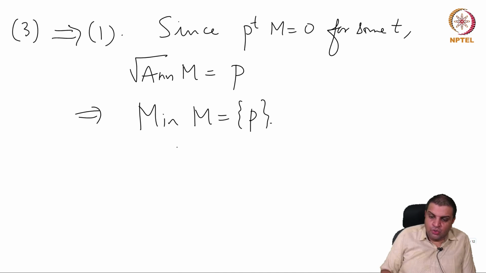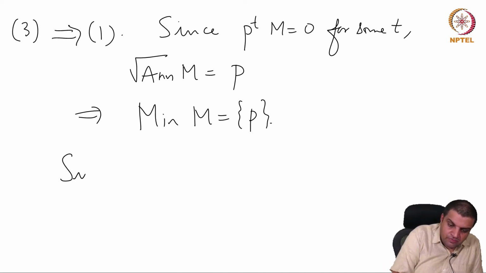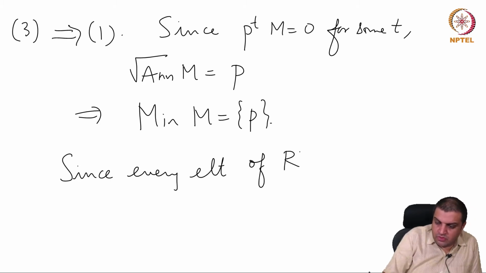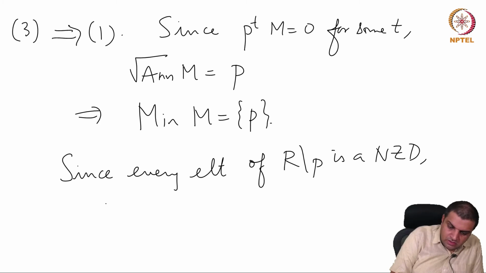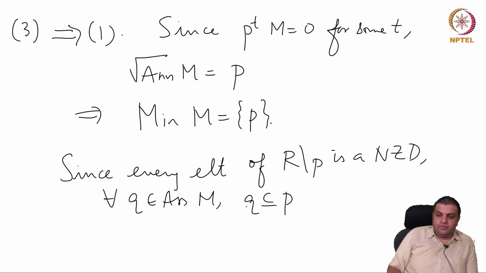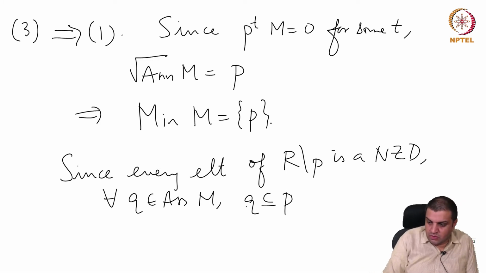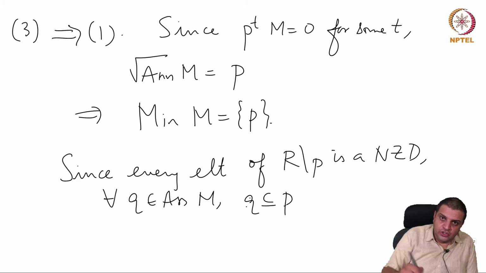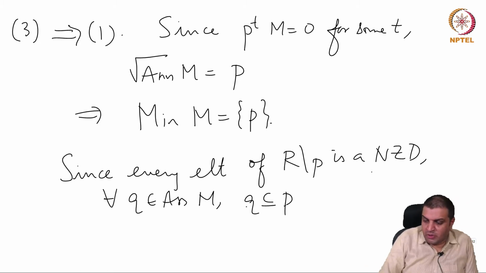Okay, so now we need to show that, since every element of R mod P is a non-zero divisor, every associated prime Q must be a subset of P. Because we discussed this a little earlier: if Q is an associated prime, Q has to kill a non-zero element of M, which means that elements of Q are themselves zero divisors on M. Therefore, it cannot belong to this set.